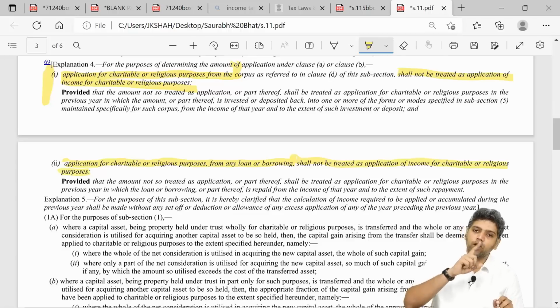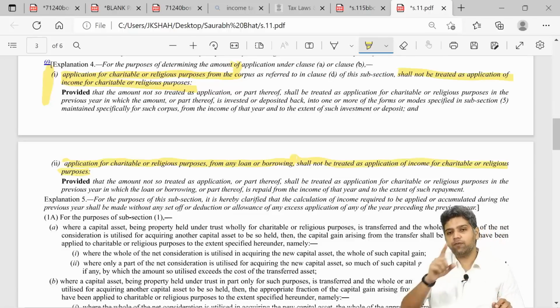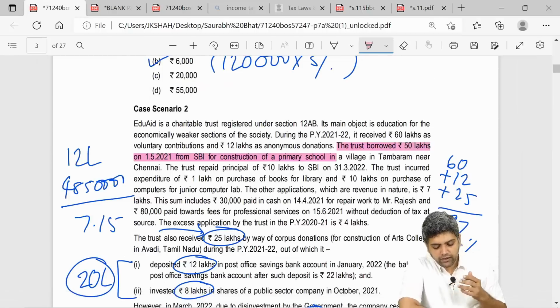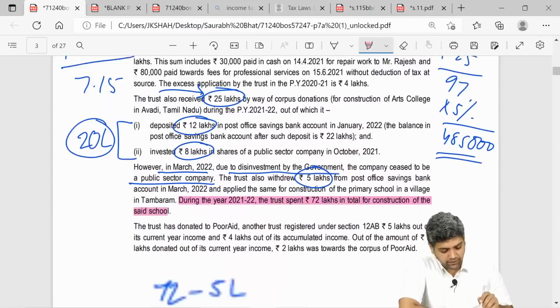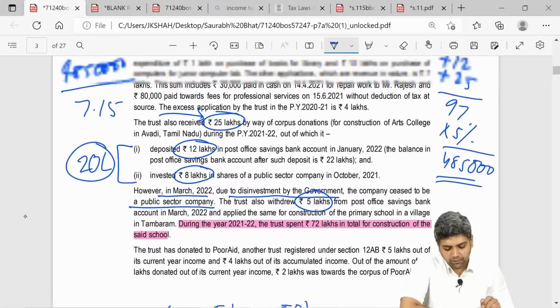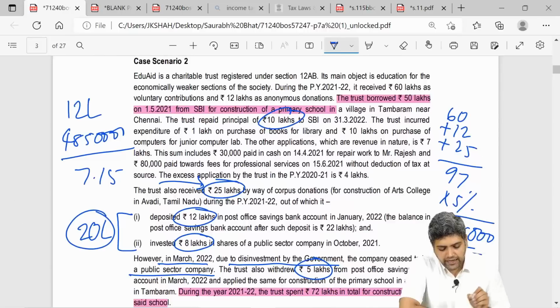So if you take a loan or borrowing and you utilize that for your charitable purposes, that is not regarded as application of income. When you repay the loan, that will definitely be regarded as application of income. So over here, the trust has borrowed 50 lakh rupees from State Bank of India for its construction. This 50 lakhs I have utilized in the construction of school, that cannot be regarded as application. But in the immediately next line they say that 10 lakh rupees principal has been repaid to SBI.